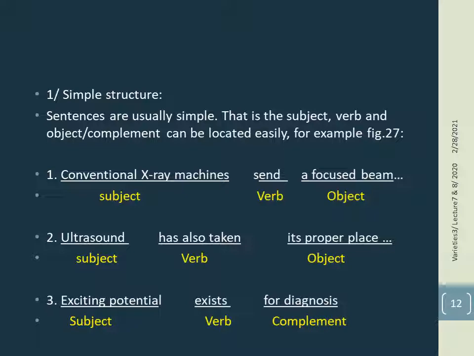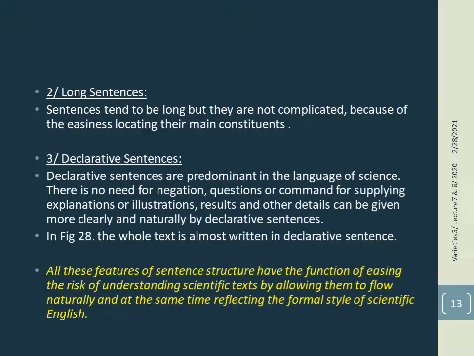Now, ultrasound is the subject, has also taken, that's the verb, its proper place, that's the object. Exciting potential exists for diagnosis. Now, exciting potential, that's the subject, exists is the verb, while for diagnosis, that's simply the complement. You see how easy the sentences in English for scientific text are.